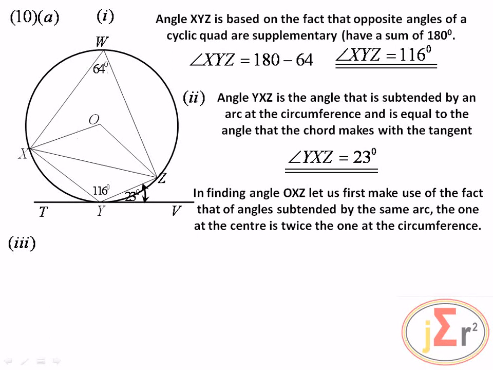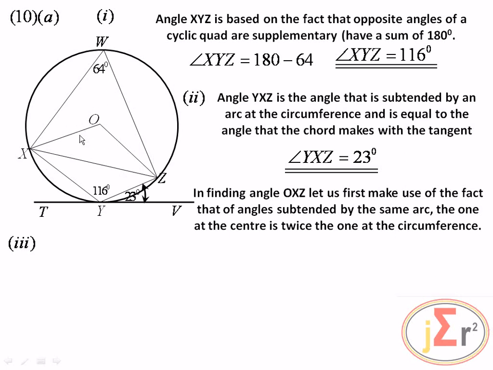Because in order to find angle OXZ, we need to first make use of the fact that of angles subtended by the same arc, the one at the center is twice the one that is located at the circumference. Therefore, we need to determine first this angle. The one at the center is twice the one at the circumference.